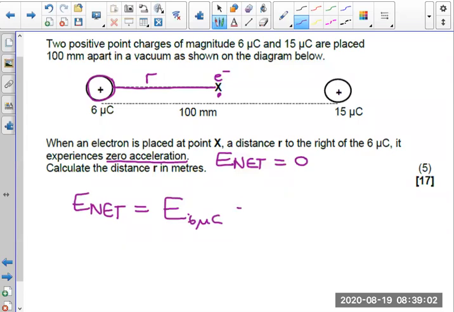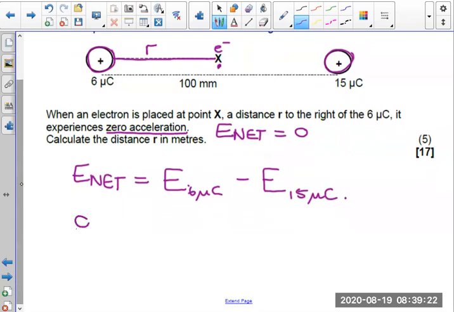So we're going to say minus the electric field at point X because of the 15 microcoulomb charge. So this is how we're going to work out this one. When we work with a field, net field we know is zero. It's K Q over R squared, and it's the R squared that we need to work out. And then again, minus K Q over R squared, but for the 15 microcoulomb charge.